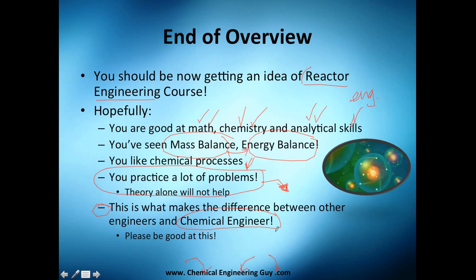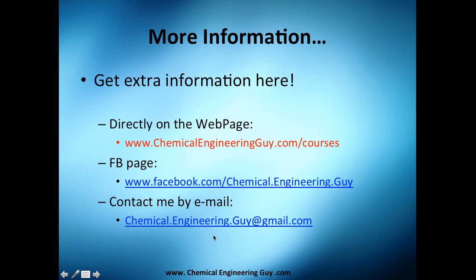So if you understand reactors and you know how chemistry and all the chemical compounds work, you're going to be very differentiated from those engineers. So please be good at this. If you're not good at this, well, I'm sorry to tell you, but then you are not that much of a chemical engineer.